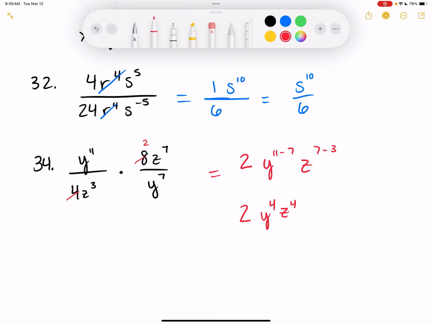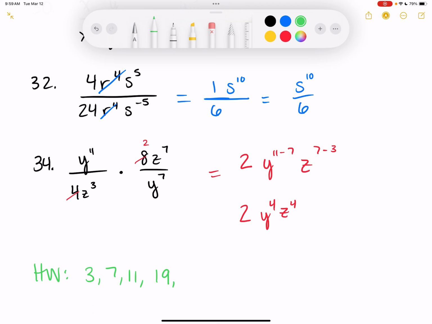I got it right. All right, so problems for this section: 3, 7, 11, 19.